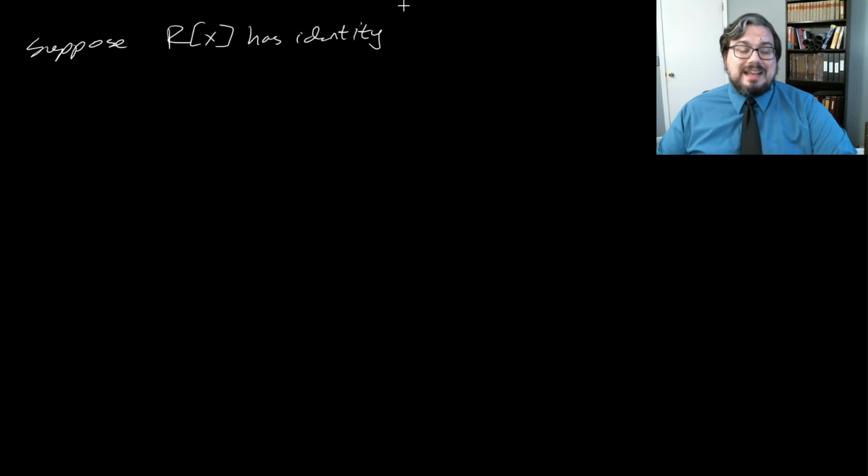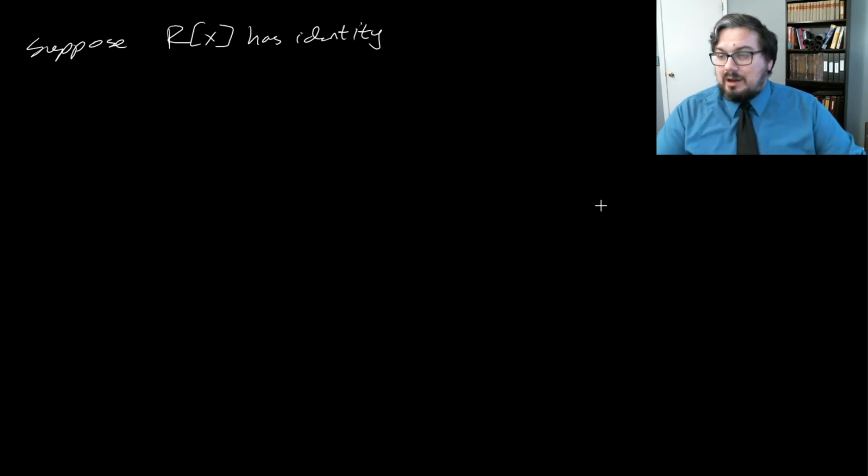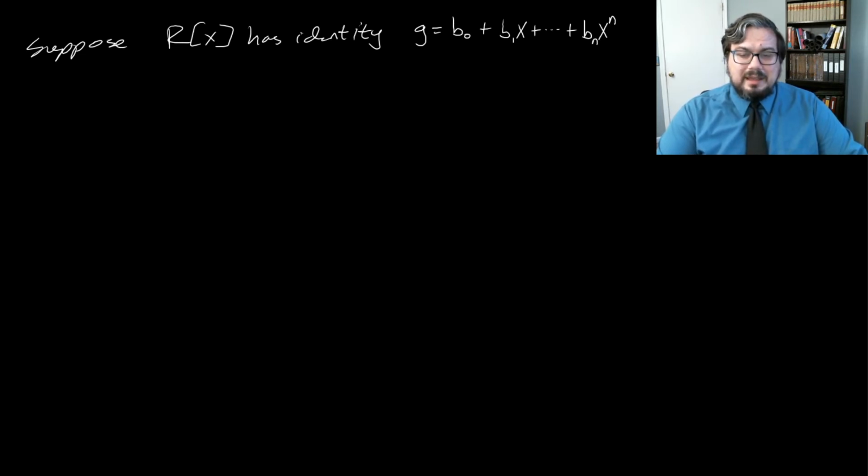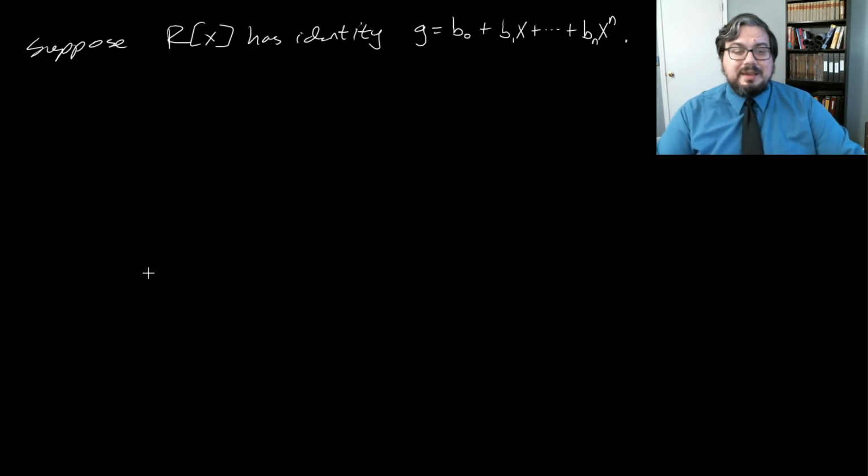We've just assumed that it has an identity element, and that element might look like any one of the polynomials inside R adjoin X. So we'll give it the symbol G, and we'll say that it's the polynomial b0 plus b1x and so on plus bn x to the n. And we want to somehow use this to show that the ring R has an identity.